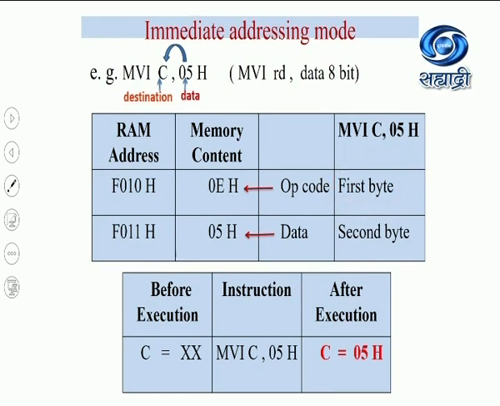So for every instruction, the first byte is the opcode. In the next memory location, that is at F011, 05, that is the data, is stored, which is the second byte of the instruction. So in general, 2 bytes are required to store an instruction if the data is 8-bit.